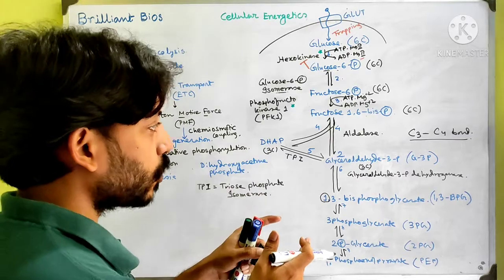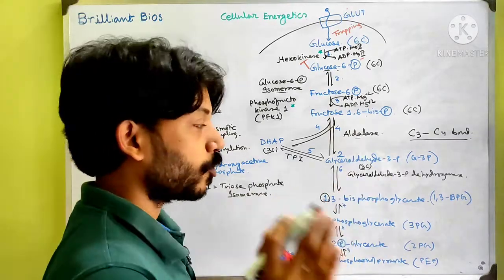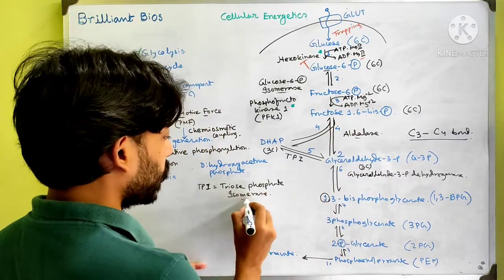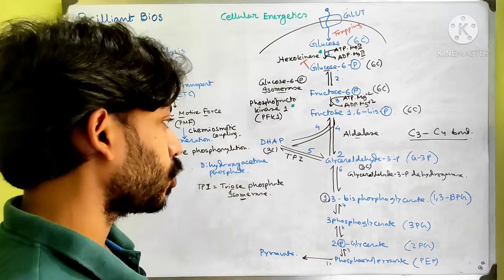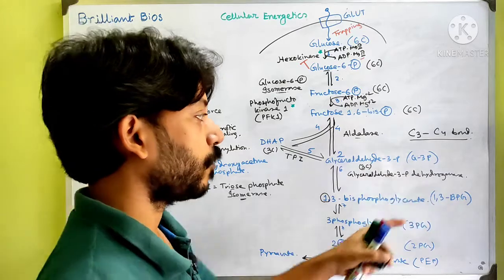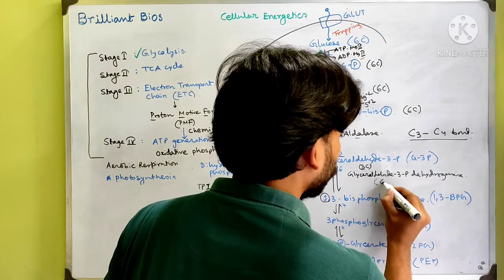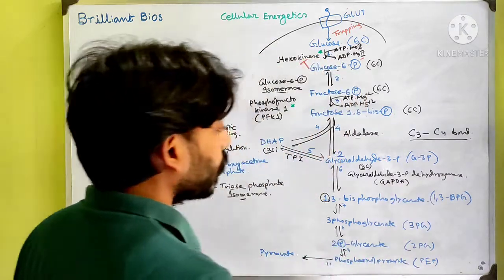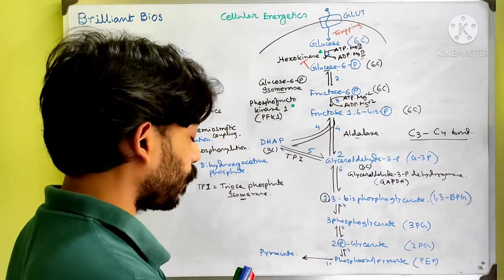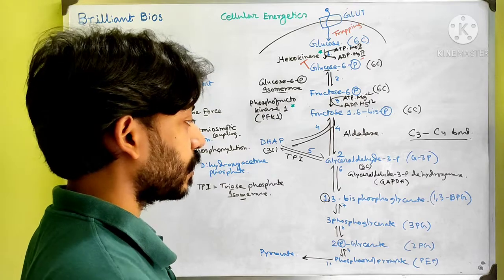So all the naming is actually very related. Like aldolase means aldol reaction. Triose phosphate isomerase means this is a triose, 3 carbon molecule, and it makes the isomerase. So you can remember the name glyceraldehyde 3-phosphate dehydrogenase. Also you can remember the short name GAPDH.